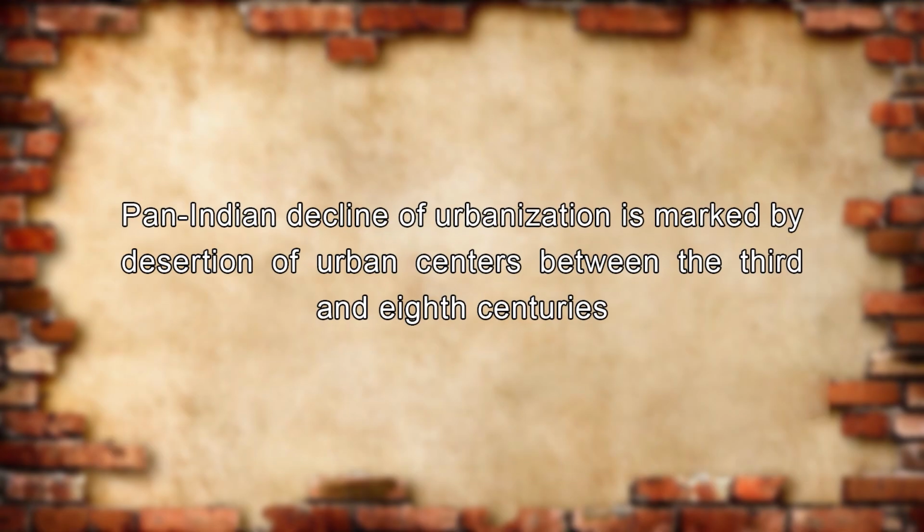The pan-Indian decline of urbanization is marked by desertion of urban centers between the 3rd and 8th centuries. Even those settlements which continued up to the 8th century were deserted thereafter.